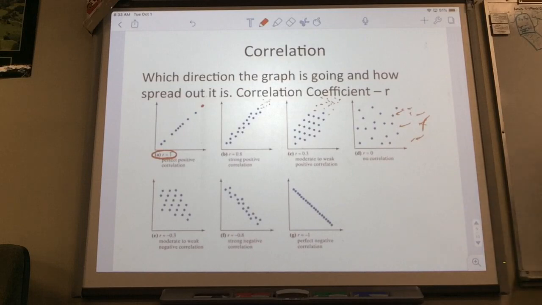So what correlation, you may have heard the phrase correlation does not equal causation. Correlation means these two things respond to each other in some way. Okay? So you can look up online weird correlations, and some of them are really weird.